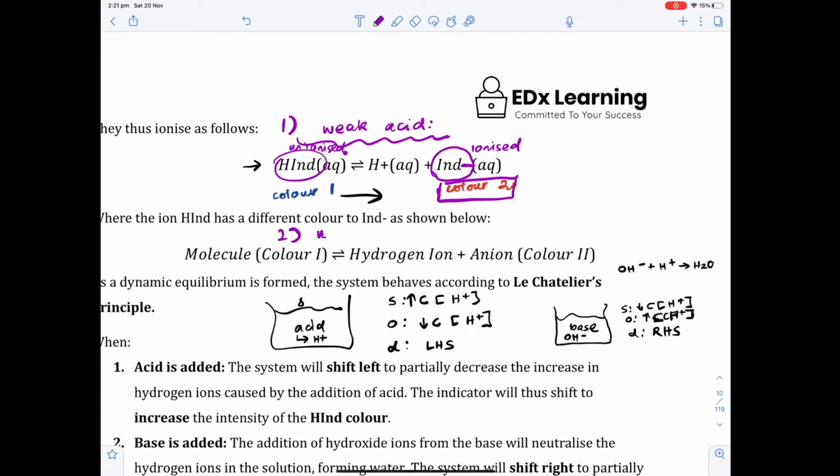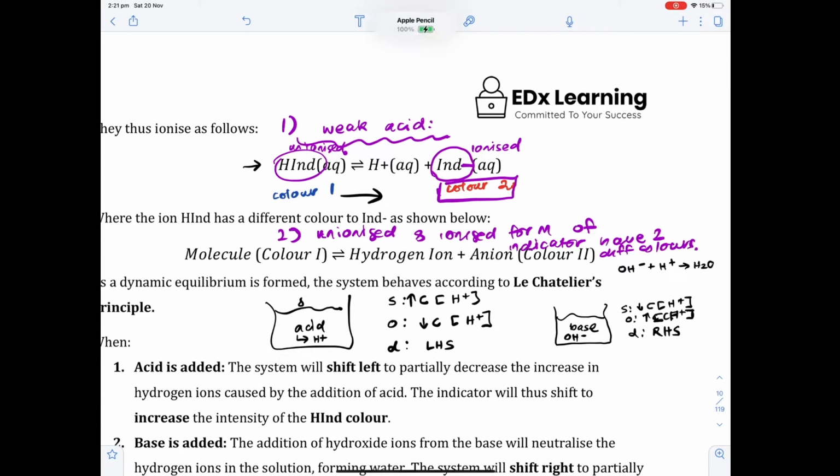So the second thing I'll write is the unionized and ionized form of the indicator have two different colors. Very good.